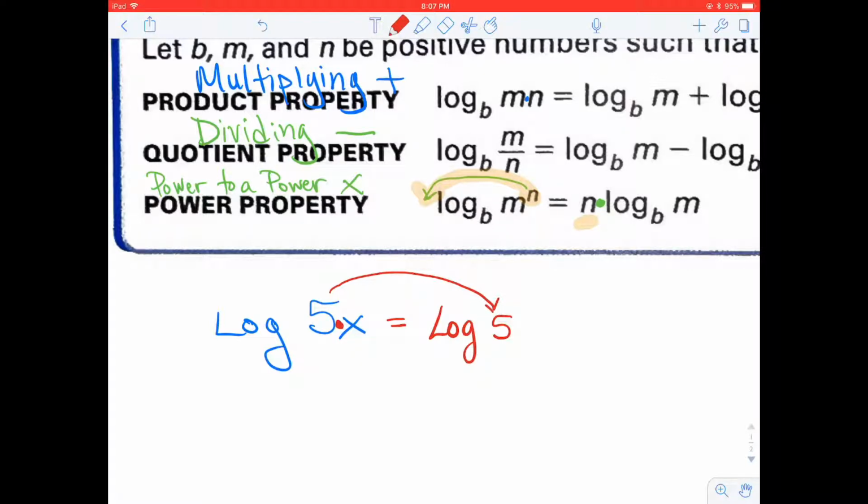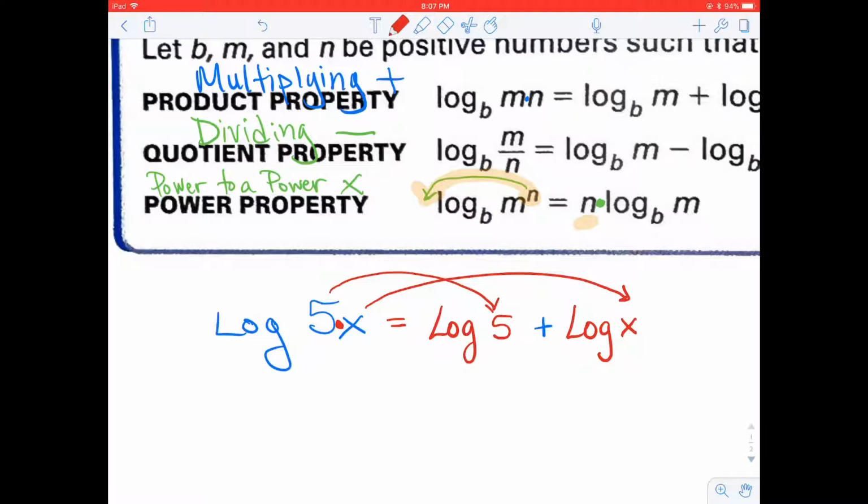And then we're going to add to that, just rewriting our log, separating with addition, the log of x. And we've just expanded log 5x using addition.